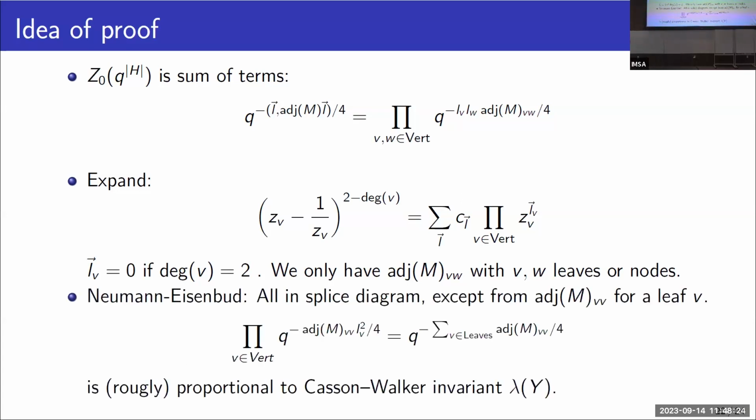And basically, this means that the only things which are non-zero in this exponent are things which come from a pair: a leaf, a degree 1 vertex, and something of degree 3 and more. Or it can be a leaf with itself. So remember that in the plumbing, in the splice diagram, we exactly lose information.